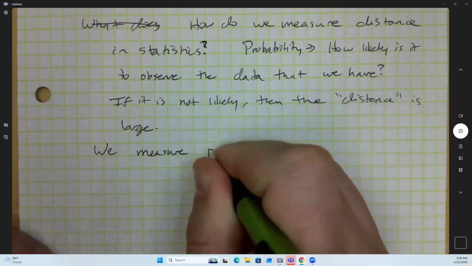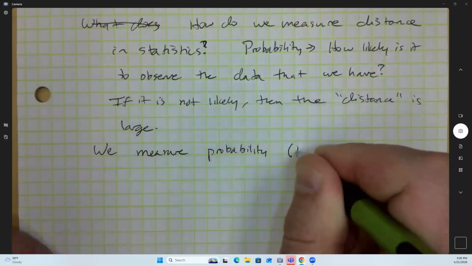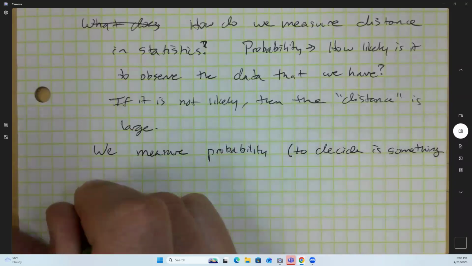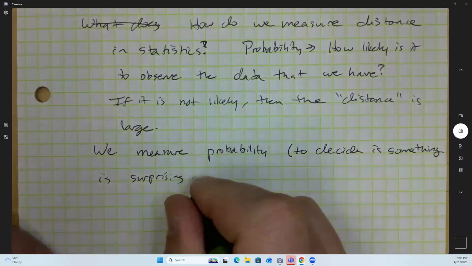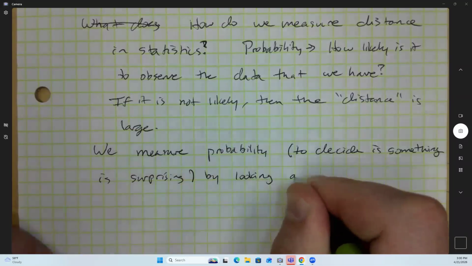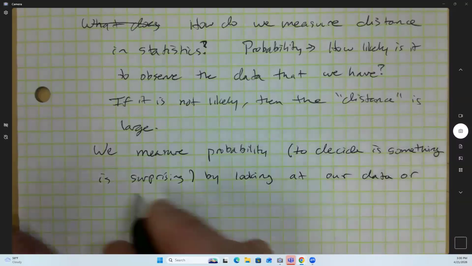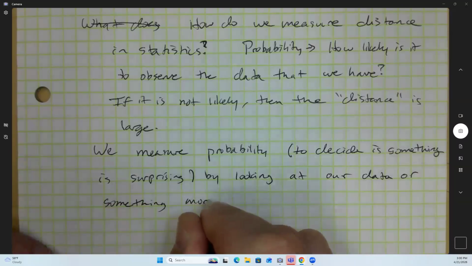We measure probability, at least for deciding if something is surprising, by looking at our data or something more extreme.